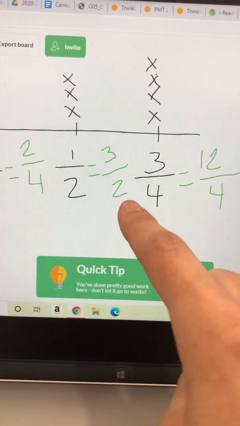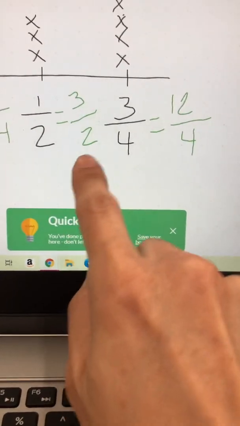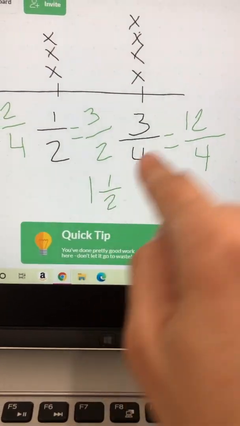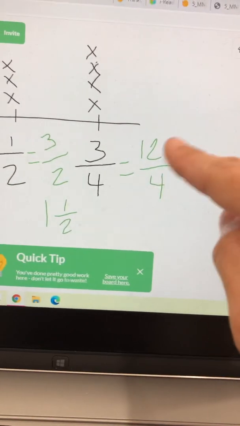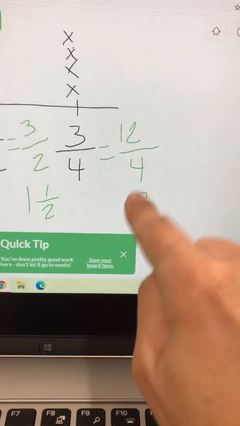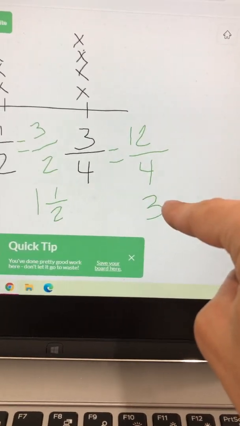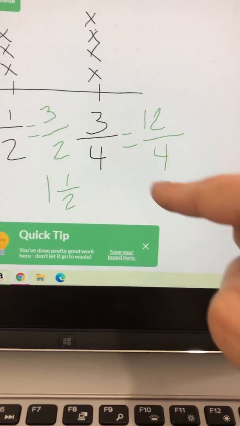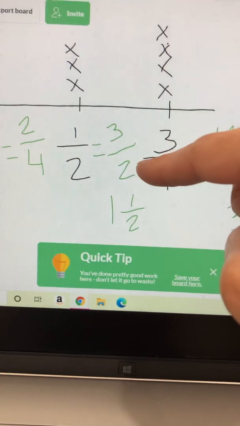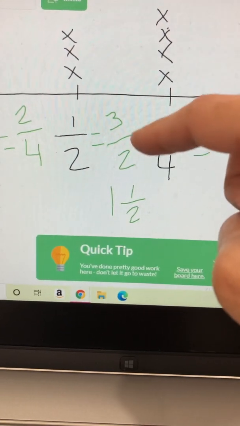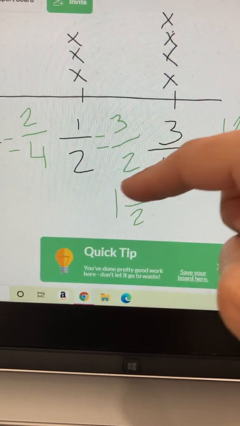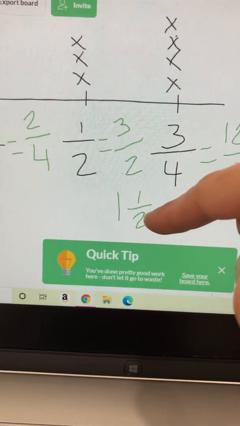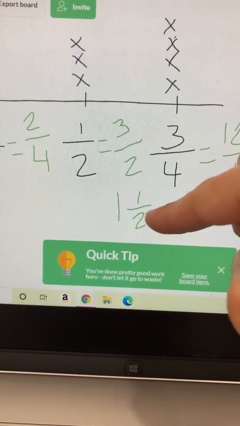So 3/2 would become 1 and 1/2, okay? And 12/4 would become 3 because, I'm sorry, oh my gosh, 12 divided by 4 is 3. And then the 3/2, 2 goes into 3 one time. There's 1 left over. And then the denominator always stays the same.